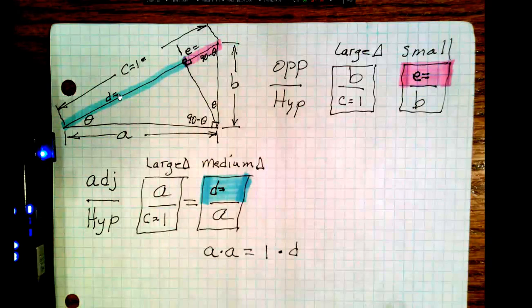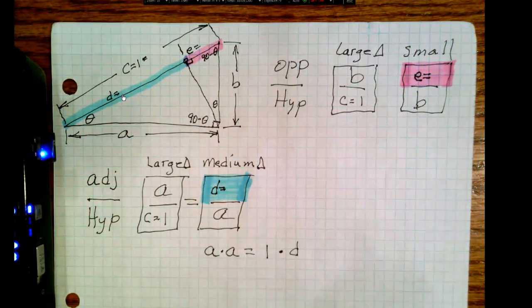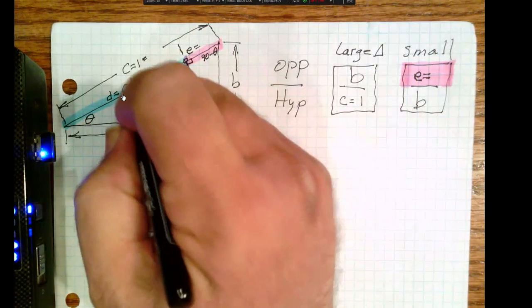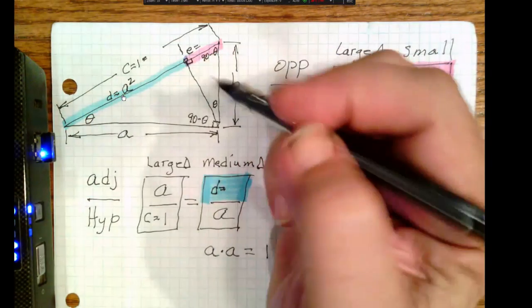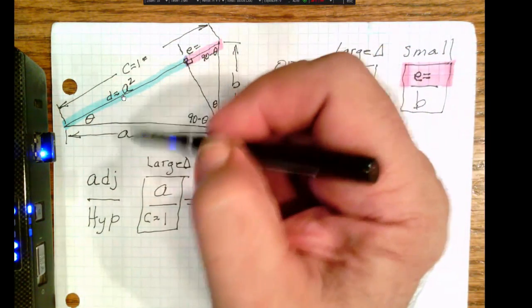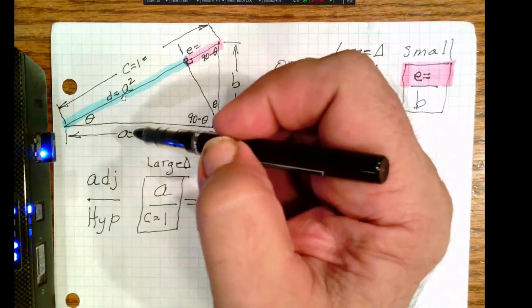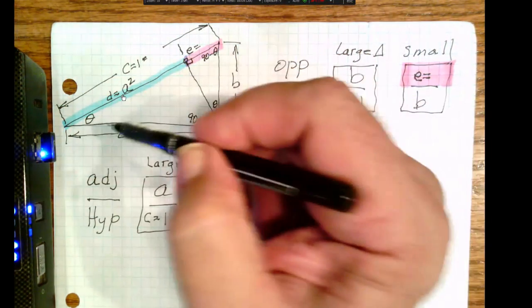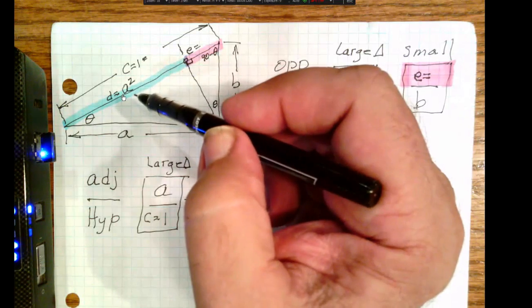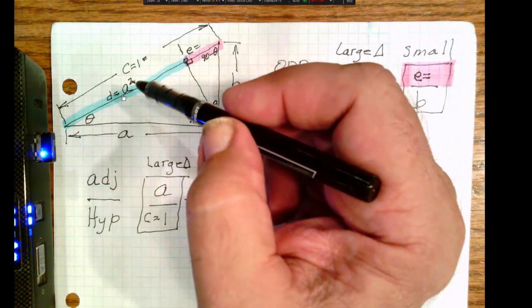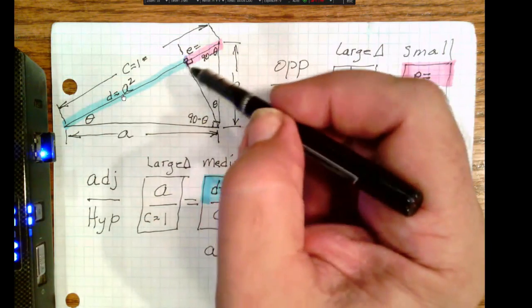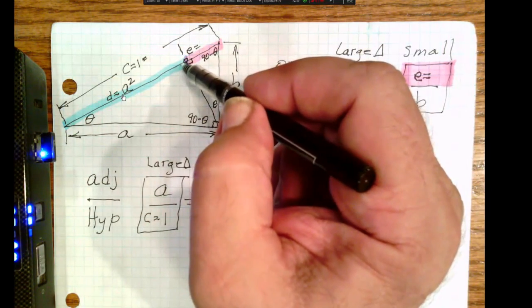That's the reason why up here I can write A to the second power. If A represents the length of this measured line segment, then this is the same quantity raised to the second power. It represents the distance between these two reference points.